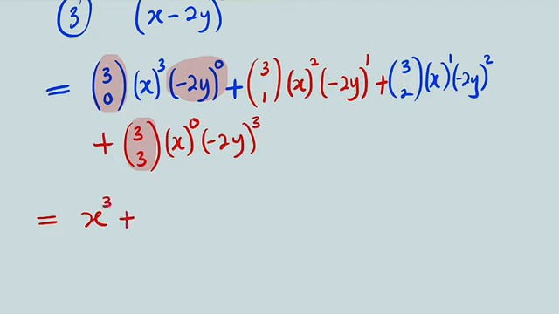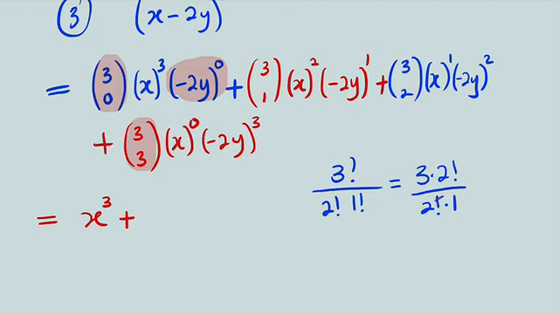What we have here is 3 combination 1, which is the same thing as 3 factorial divided by 3 minus 1 is 2 factorial, then 1 factorial. If you simplify this, you have 3 multiplied by 2 factorial, divided by 2 factorial times 1. 2 factorial will cancel 2 factorial. 3 divided by 1 is 3. So 3 combination 1 is 3.